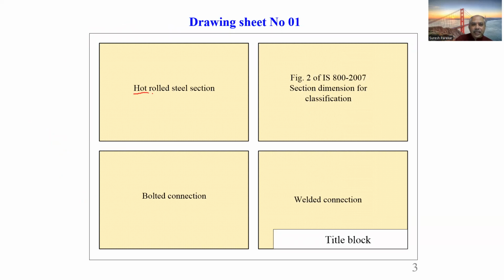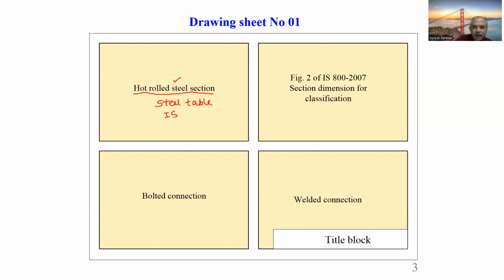In this drawing sheet we have 4 sketches, or we can say we have divided this into 4 parts. In the first part, we have hot rolled steel sections. In this, you have to go to the steel table, and you can go through all the rolled sections. We have this rolled section nomenclature.